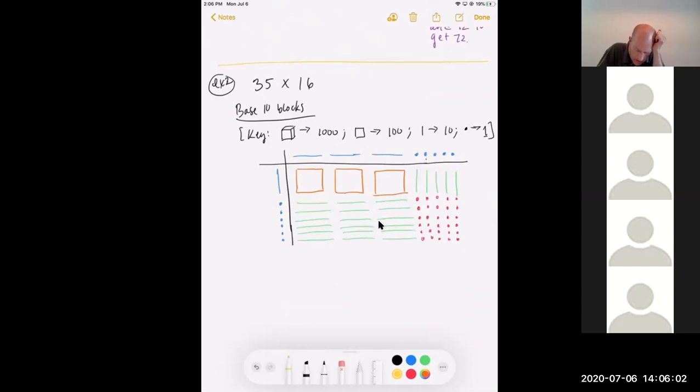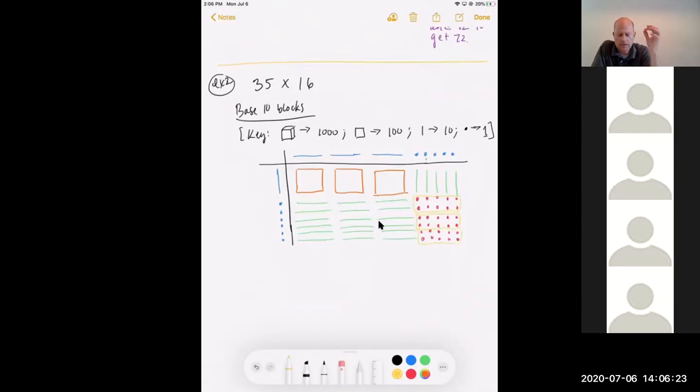I'm going to combine as many little cubes as I can to make as many rods as I can. So each little cube has 5 for its row. So we can combine these together, make 10 cubes. Combine these together to make 10 cubes. Combine these together to make 10 cubes.